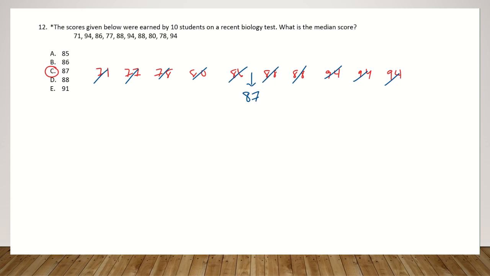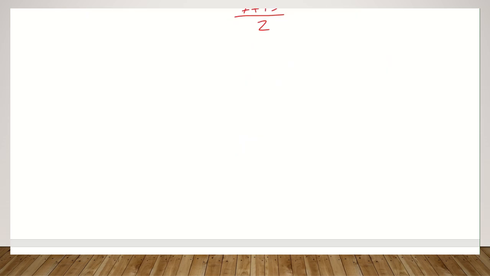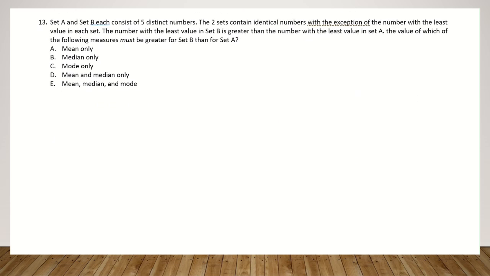We can just figure it out. But if you had numbers that were far apart and you couldn't tell, like if this one was 7 and this number was like 15 or something, the way you'd find the median then is to find the average of the 2 numbers in the middle. Okay? All right, next one.